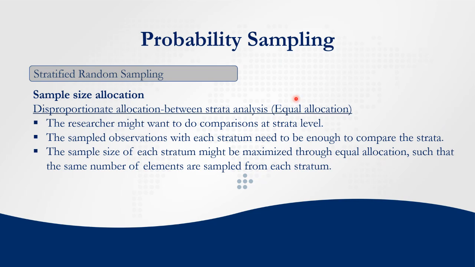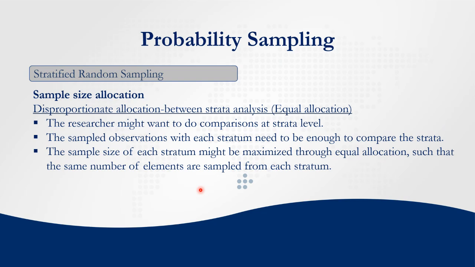Sometimes you do equal allocation, which means that if it's the universities, with 169, they will all get the same amount. I will just say 169 divided by 3, and they will get the same amount. You can use this if, for example, the groups are small.